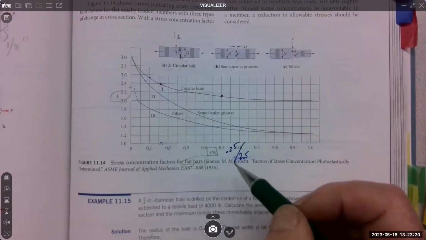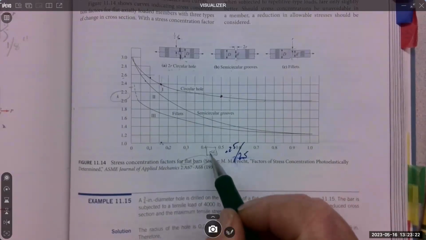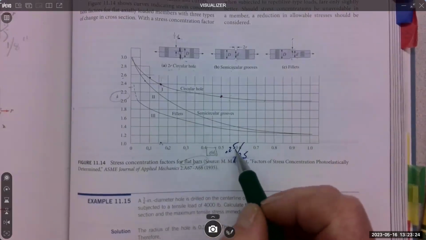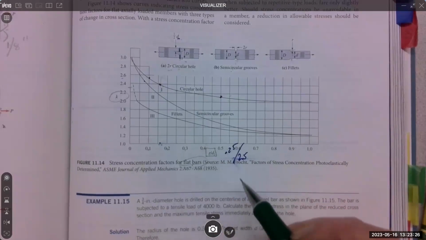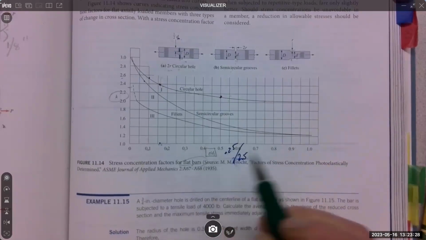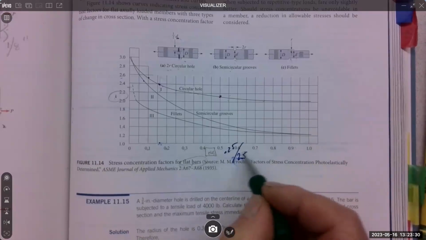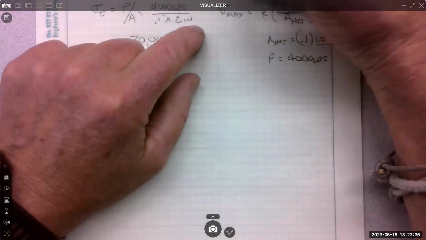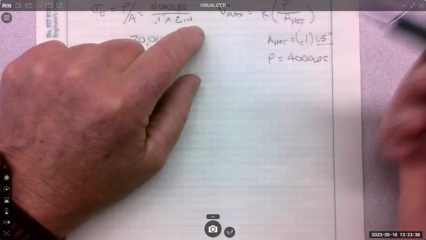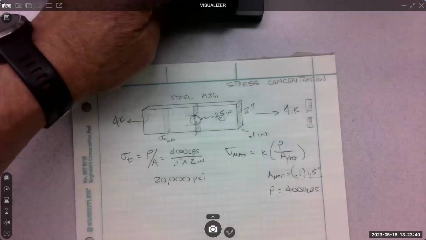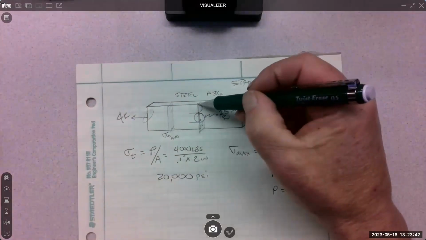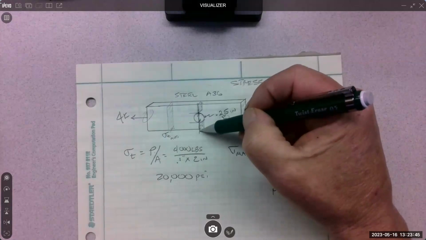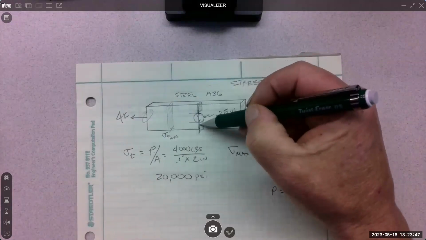So in our case, we have an R of 0.25. And then we have a D of not 2.5, but from here to here, because this is 1/2 D and this is 1/2 D. So it's this leftover distance.